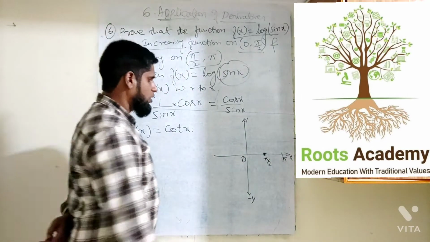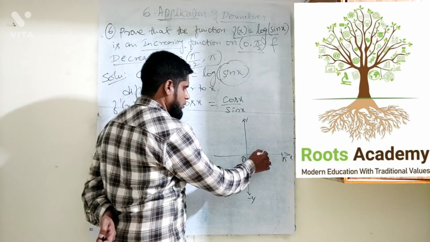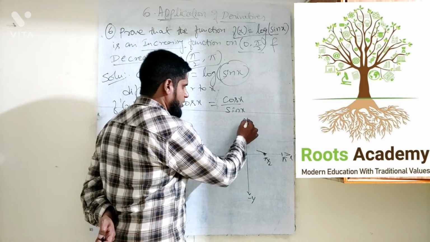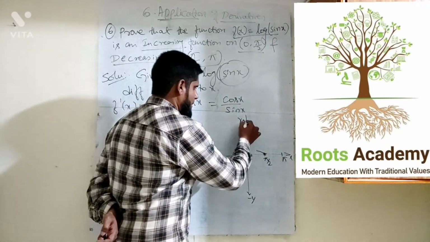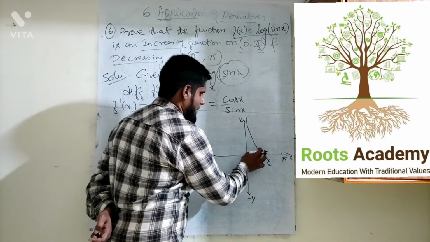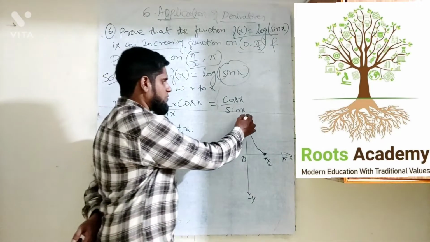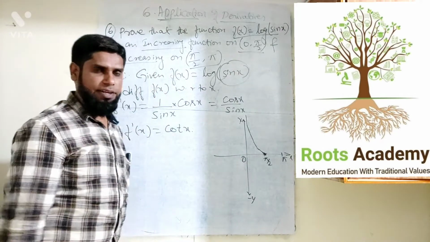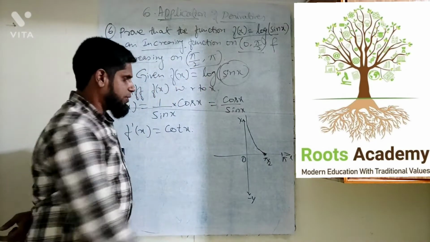From here it goes on like this. Somehow the graph will look like this. This value goes on because it is infinity, and when it comes to pi by 2 it is 0.